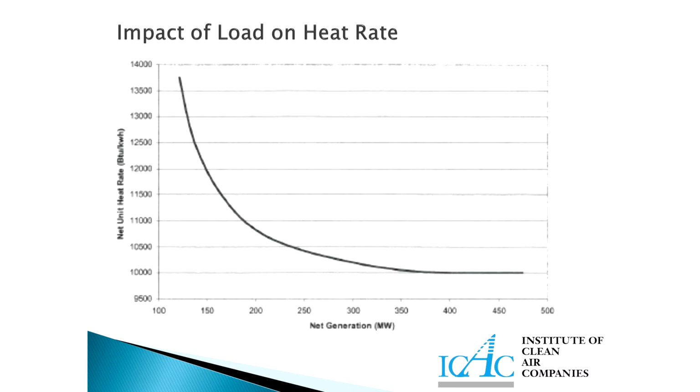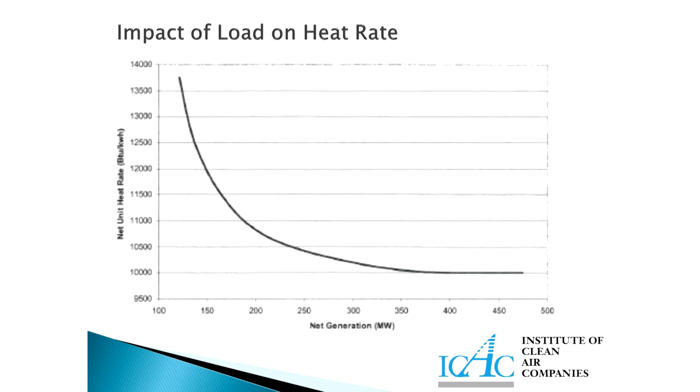And what you will see here is that up to about 350 megawatts or so, the heat rate is fairly constant. Once you go beyond that point, it takes off.